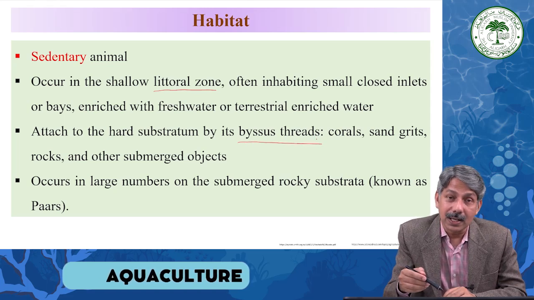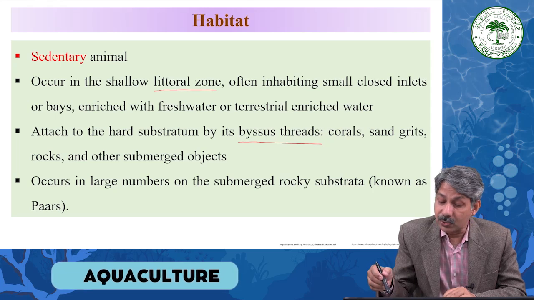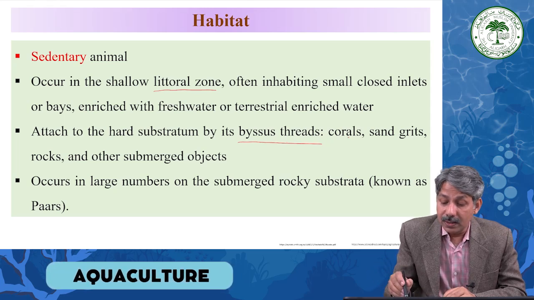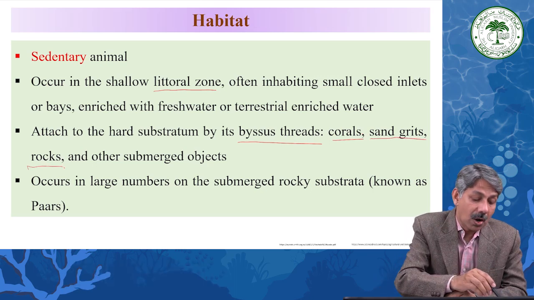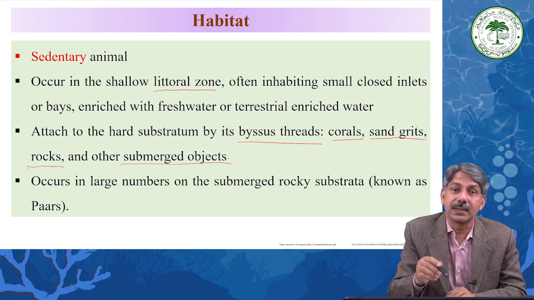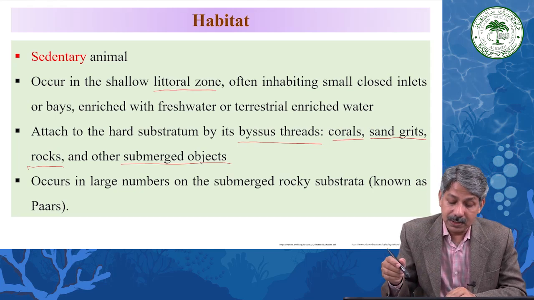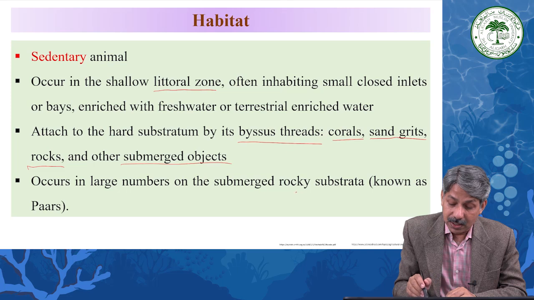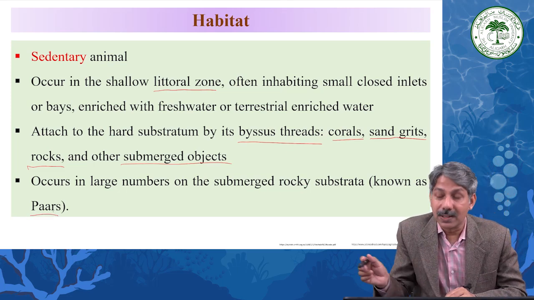In the diagram I have shown you the byssus threads, which are very useful in attaching to the substratum. What are these substrates where they attach? Corals, sand grains, rocks, and other submerged objects. They occur in large numbers on submerged rocky substrata, which are often referred to as paars.